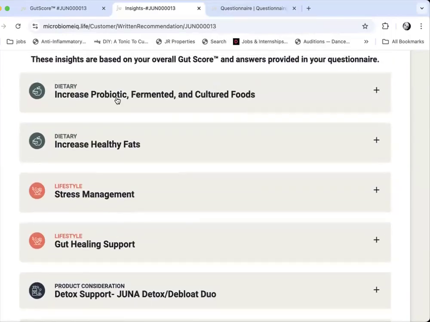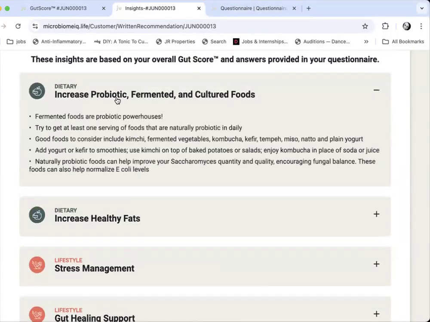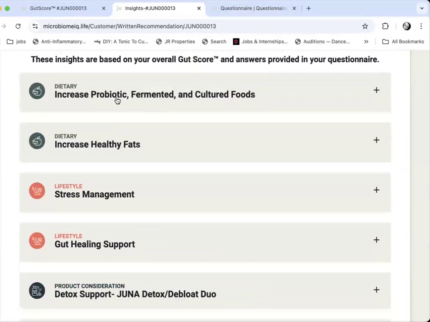You'll see increased fruit and vegetable intake because most people don't eat enough fruits and vegetables. You'll see that a lot. You'll see the increased probiotic, fermented and cultured foods recommendation a lot because a lot of people don't have the microbiome diversity that we think is ideal, and or they have elevated proteobacteria and other criteria that we look for.